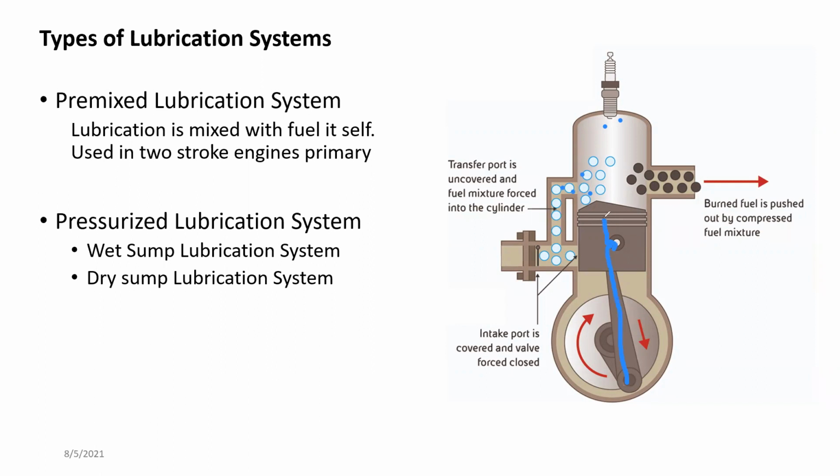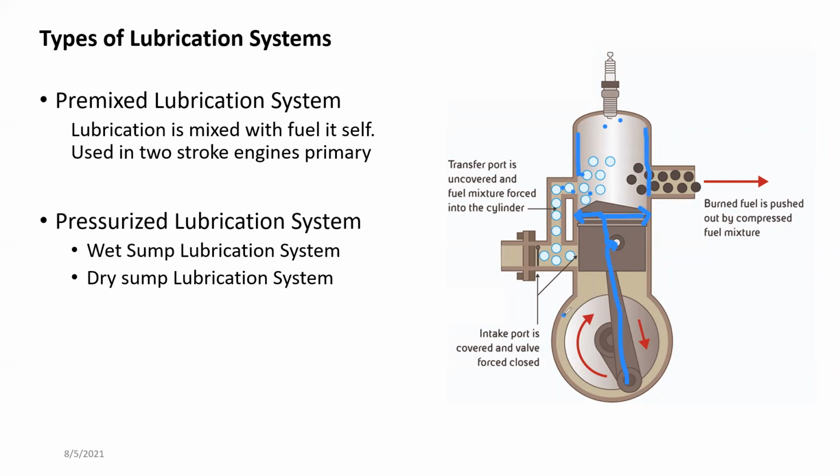Then from the piston it goes out from these rings. I put it on the wrong ring, but it comes out from this ring. There are small holes in the ring land. So through those ring lands, the oil comes out and lubricates the whole cylinder wall, right?